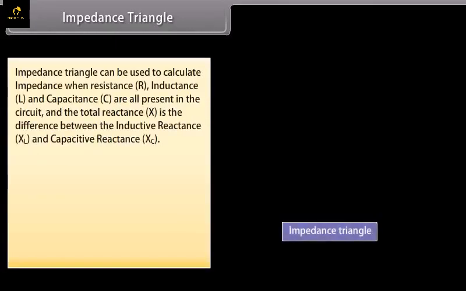Impedance triangle. The impedance triangle can be used to calculate impedance when resistance, inductance and capacitance are all present in the circuit, and the total reactance is the difference between the inductive reactance and capacitive reactance.